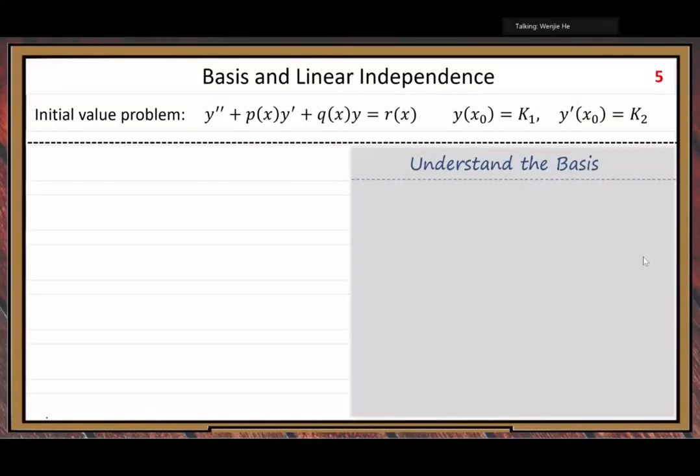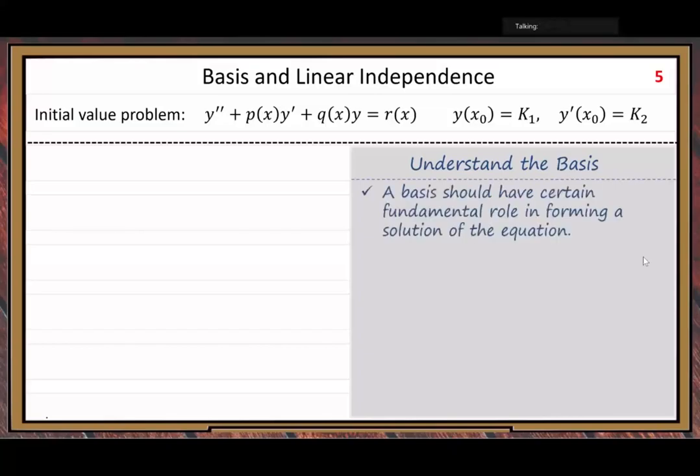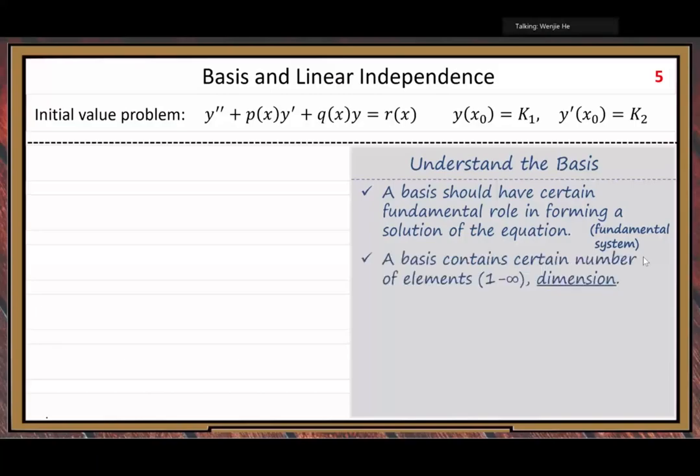Understand the basis. A basis should have a certain fundamental role in forming a solution of the equation. We call another name for this basis: fundamental system. A basis contains a certain number of elements.